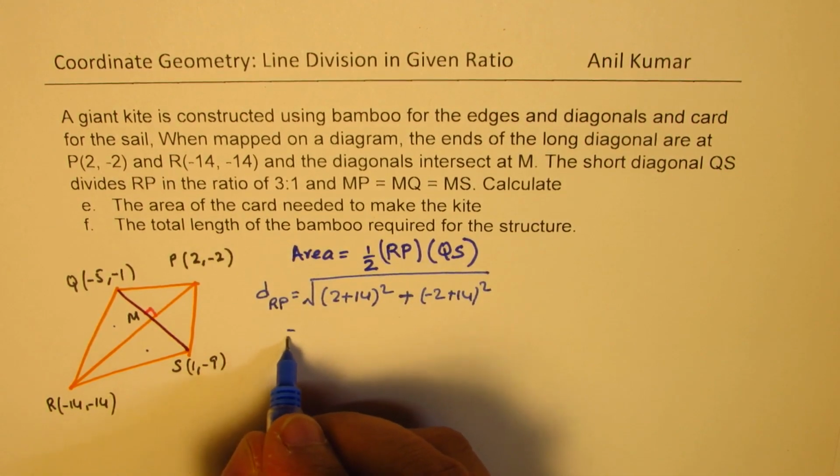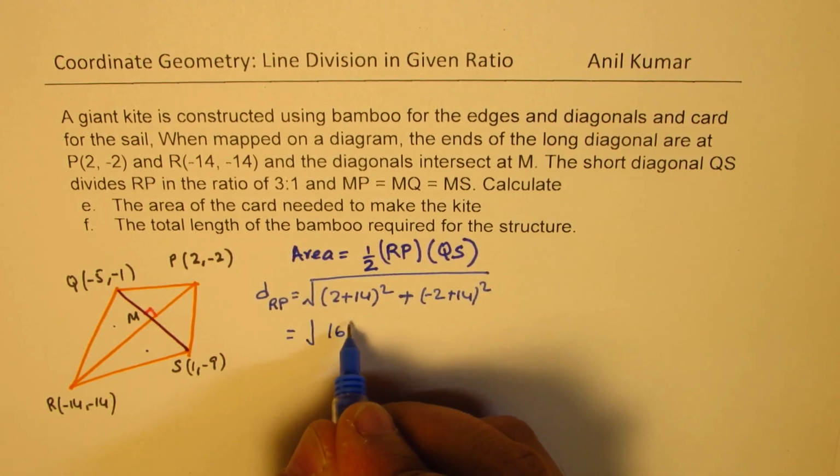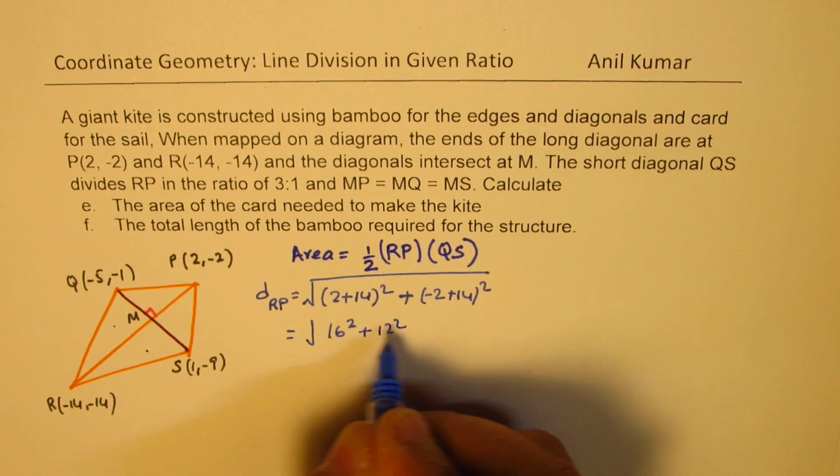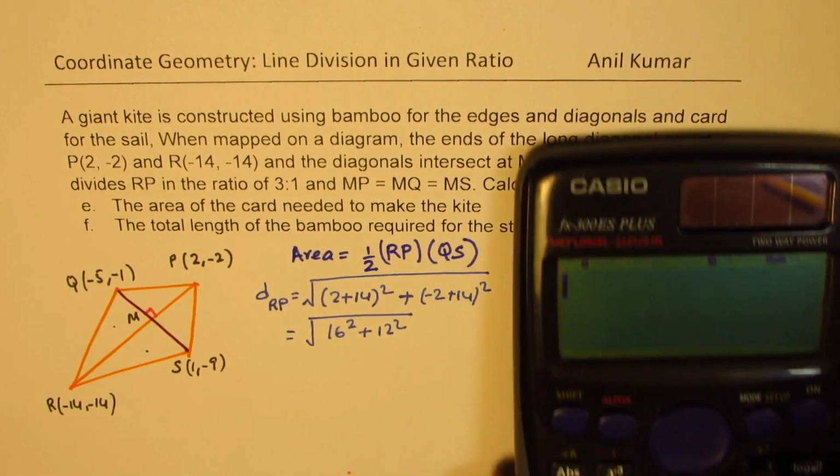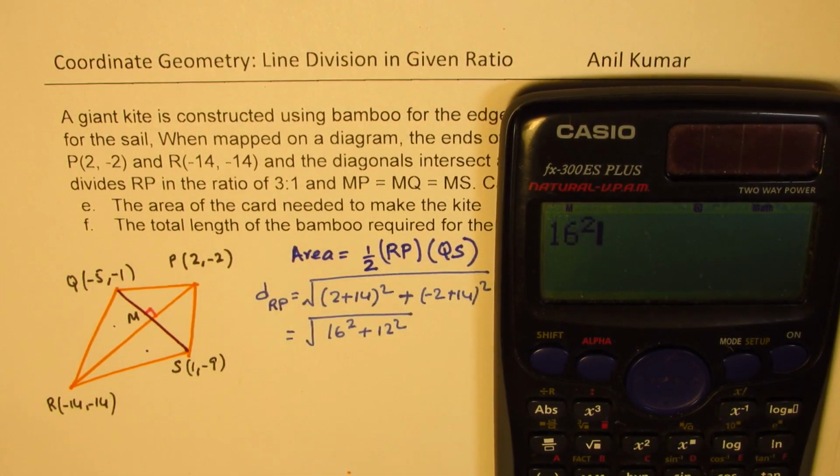Now that distance is the square root of 16 squared plus 12 squared. Now the square root of 16 squared plus 12 squared is 20. Let's use a calculator either way to just confirm our answer, which is equal to 20.